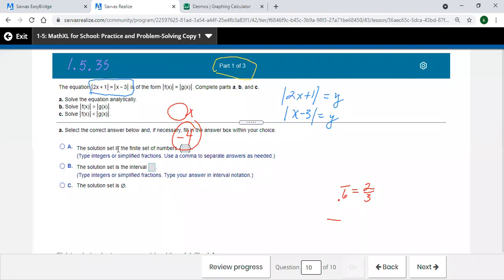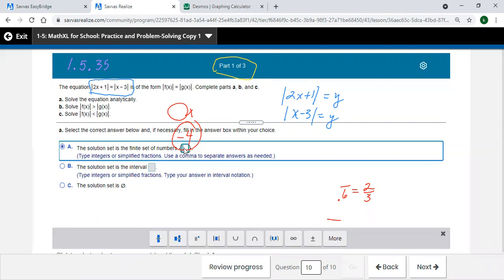Again, read carefully. The solution set is finite, meaning there's just one or two answers. They're points. If the answers are on an interval, that means part B, or there is no answer. This little circle with a line through it is called the empty set. So we had two answers, so we're going to put them in here. And it says simplified fractions.